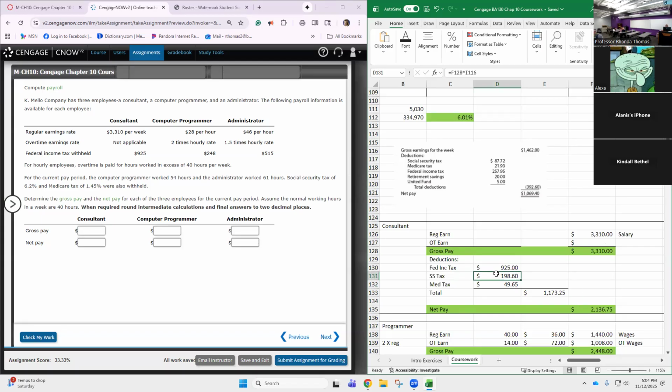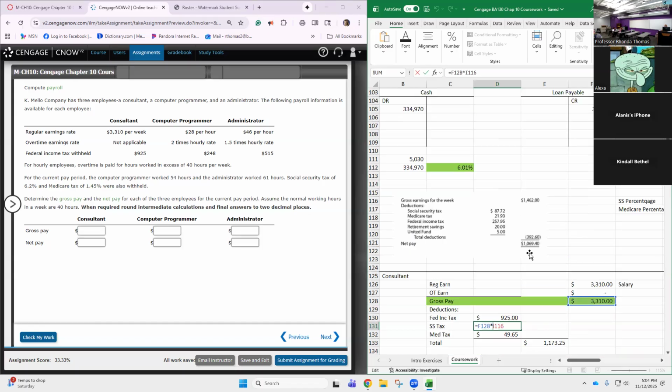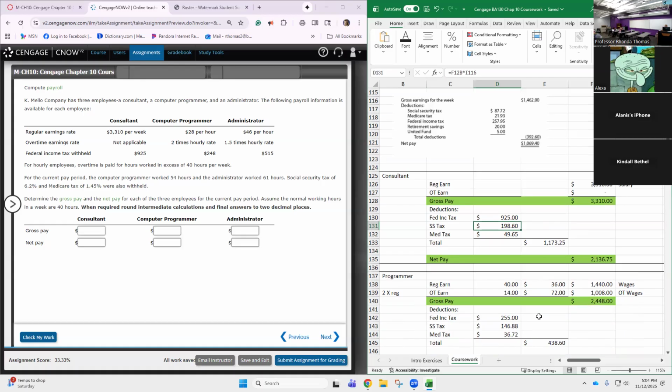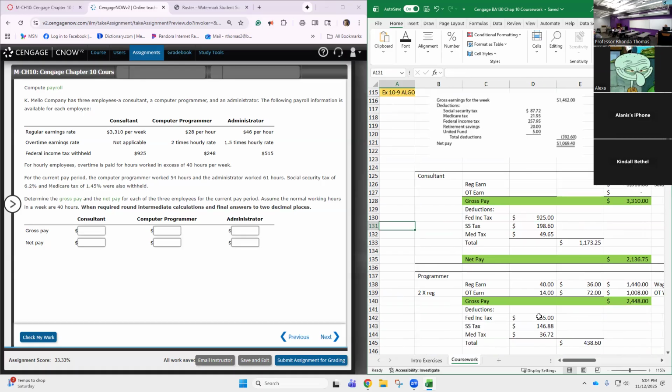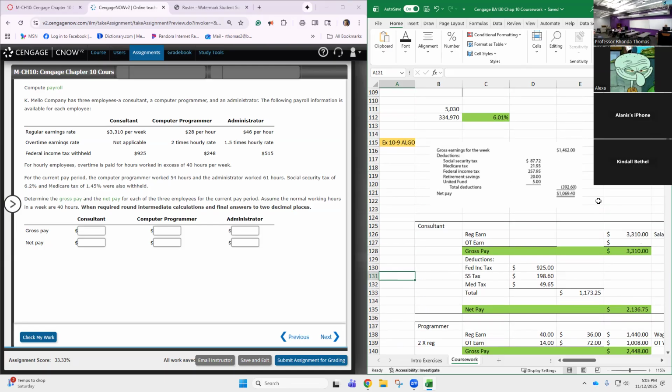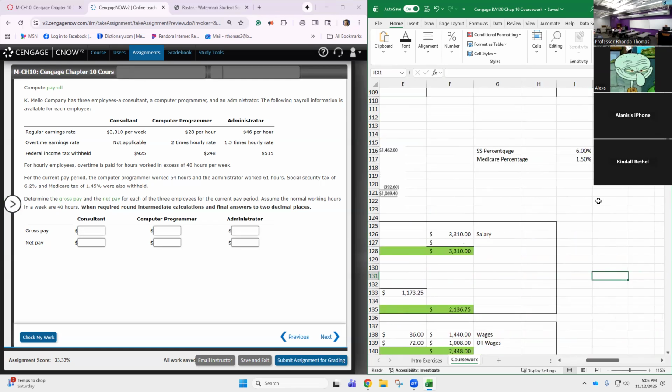All right, so here's where I'm at. I'm going to take the gross pay times, and where do I have my percentages here? Just a second. I've got them somewhere here. Okay, so the amount that is figured for Social Security is 6.2%. Here it is, it's up here. Let me change it. So this has changed since we did this last time.